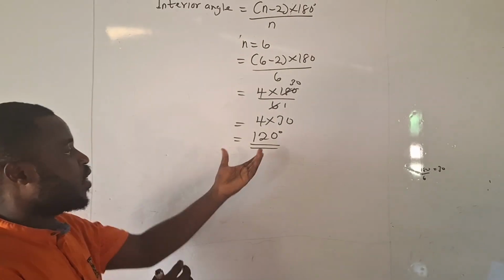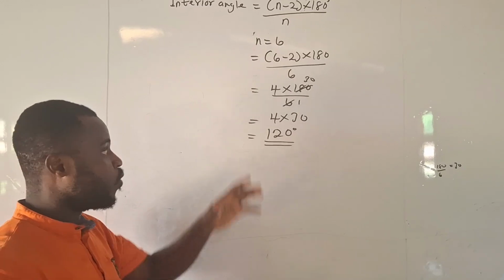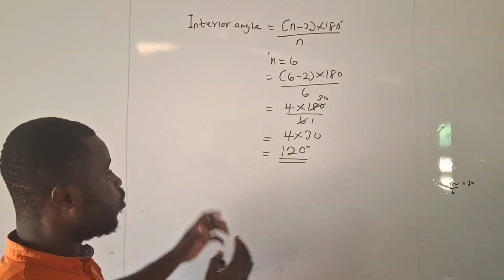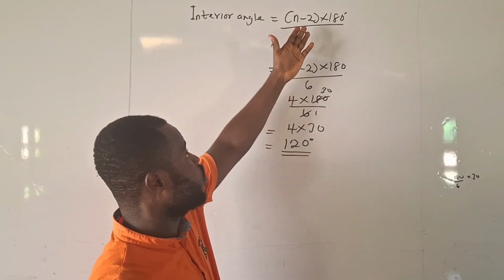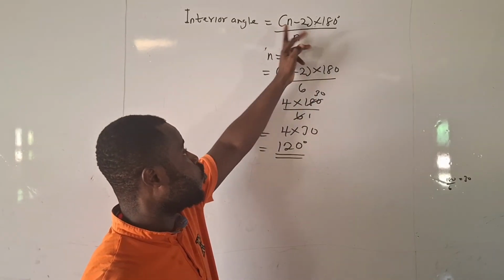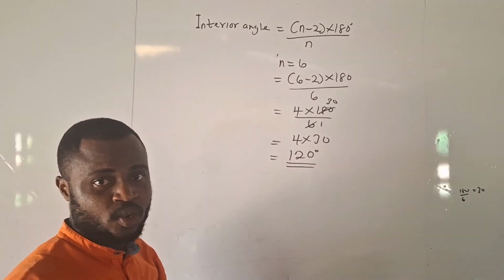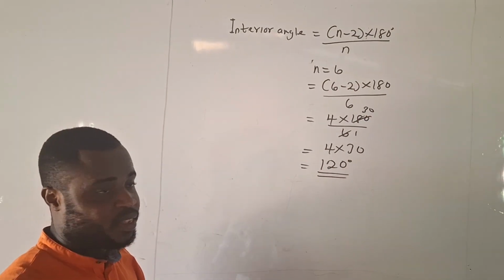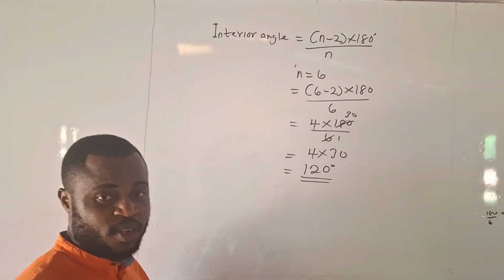If you want to prove that this formula is correct, by the end of this lesson we are going to prove one of them to see if our answer is correct. The top formula is the sum of the interior angles, so if you want each interior angle, you divide by the number of sides, as in the example I did at the beginning of this lesson.